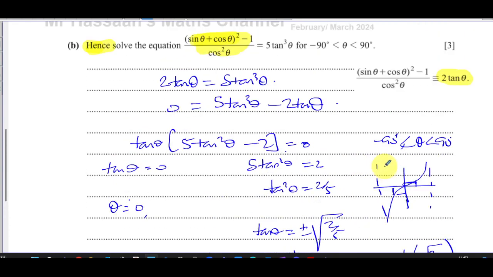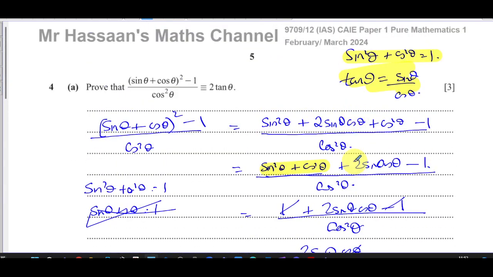All right, so that completes question number 4 from this February-March 2024 Pure Mathematics P1 paper from Cambridge. Other questions from this particular paper can be found in the playlist that will appear over here. Other questions from this topic of trig identities and equations from P1 of Cambridge can be found in the playlist over here.